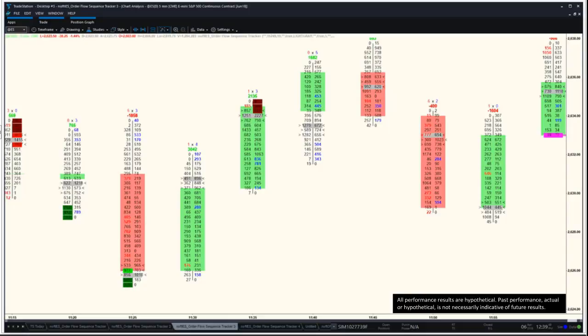Okay? Now, let's add to this a little bit more fun. How many of you guys are Fibonacci traders, or at least know about Fibonacci? Yeah, a lot. All right, so we're going to play.